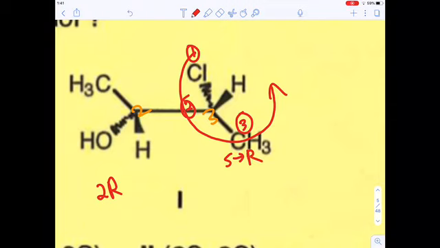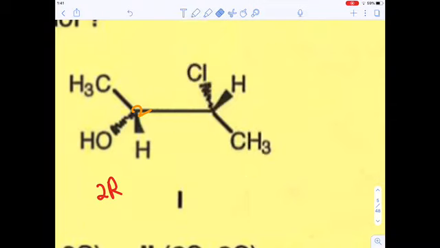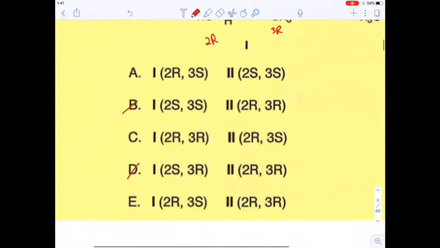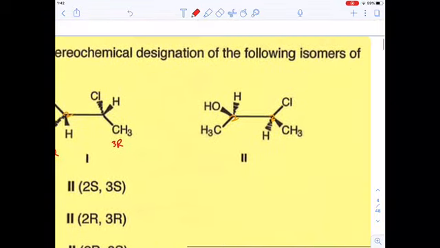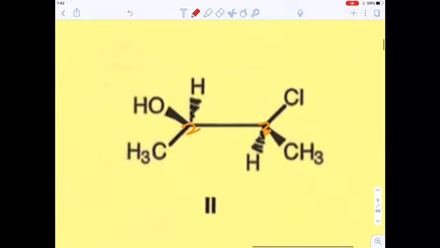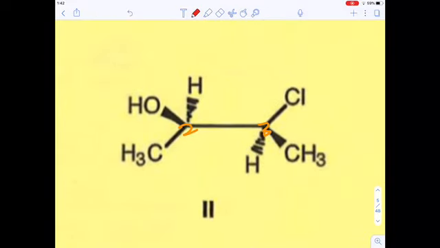So it's S, but it's actually R. So 3 is going to be R. And now you want to go to your answer choices and eliminate anything that doesn't give you 3R. And you actually already get your answer right there as C, but we can keep going just in case.